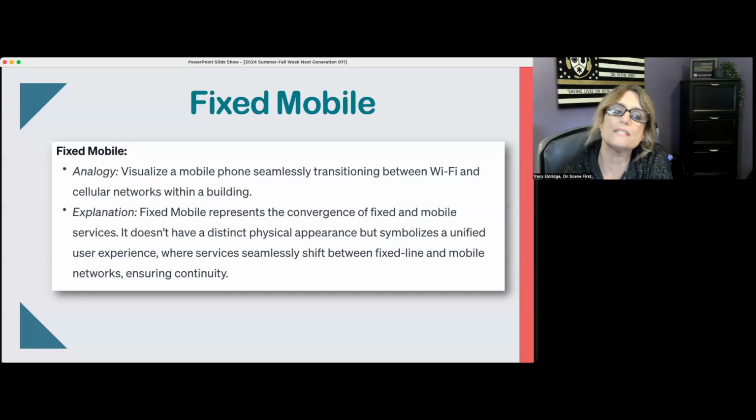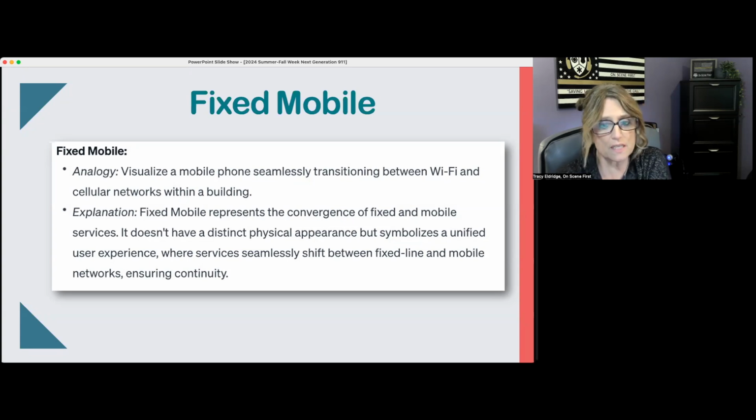Visualize a mobile phone seamlessly transitioning between Wi-Fi and cellular networks within a building, which is what I just described. Fixed mobile represents the convergence of fixed and mobile services. It doesn't have a distinct physical appearance, but symbolizes a unified user experience where services seamlessly shift between fixed lines and mobile networks, ensuring continuity.